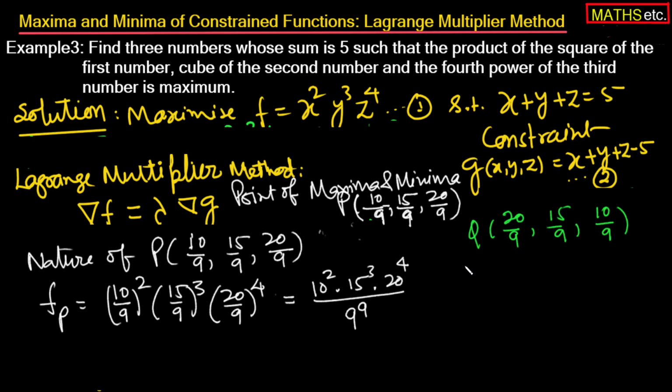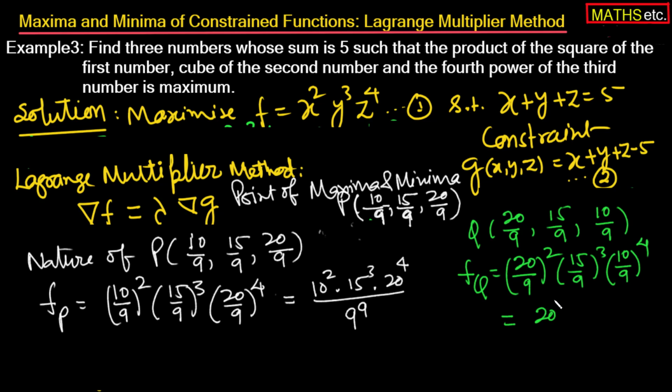Now let us calculate the value of the function at point Q, and this one will be (20 over 9) whole squared multiplied by (15 over 9) whole cubed multiplied by (10 over 9) whole raised to the power 4, and this comes out to be 20 raised to the power 2, 15 raised to the power 3 multiplied by 10 raised to the power 4, whole over 9 raised to the power 9.